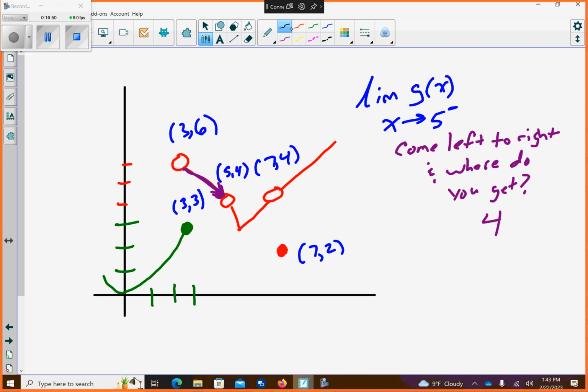The next one says the limit as x approaches 7 from the negative side of g at x. Okay, so I'm going to get to 7. So we're cruising along right here. And where does this arrow point to roughly? It's the y value of that point. What's the y value?